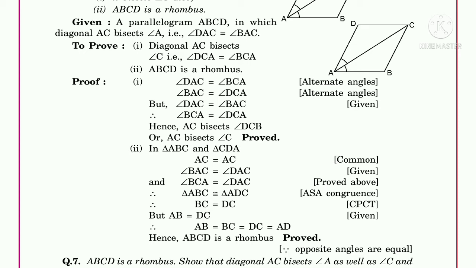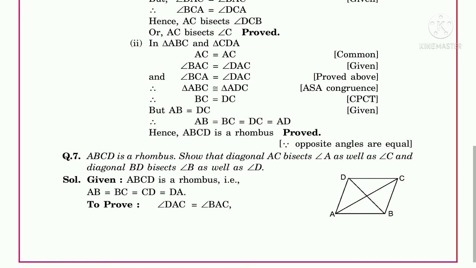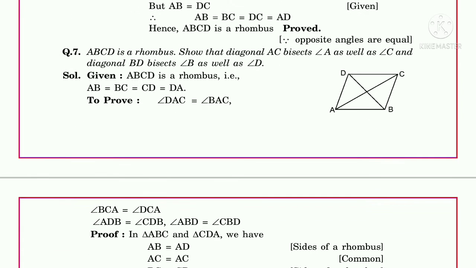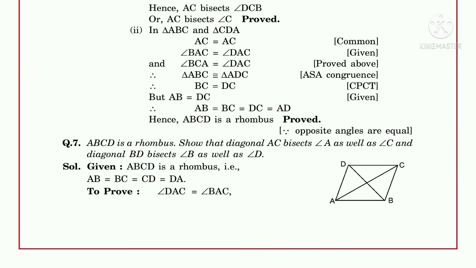Okay. Now after that, if you see the next question, question number 7. Question number 7 is given: ABCD is a rhombus, already mentioned.